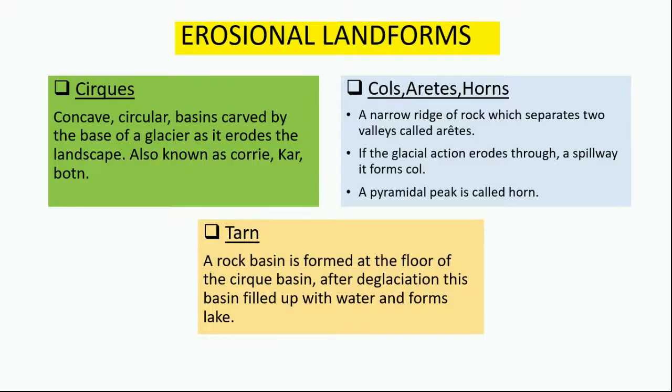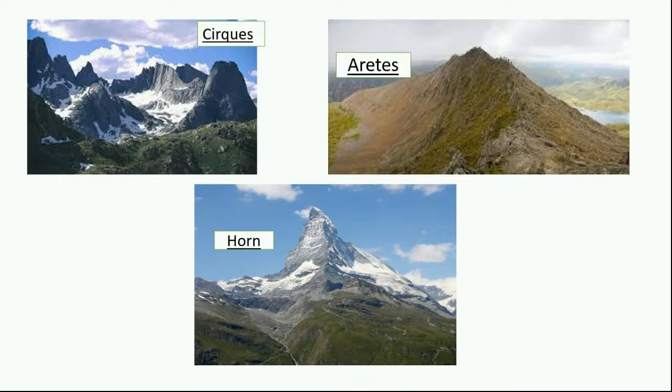What is a col? A col is basically the gap formed due to cutting of head walls, because the intersection of two steep-sided cirques is called a col. So these are the cols. And what is a horn? It is basically the pyramidal or triangular-faced peak formed, as you can see in the picture, due to recession and intersection of three or more cirques.